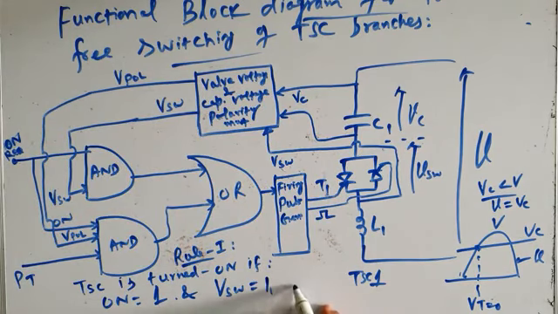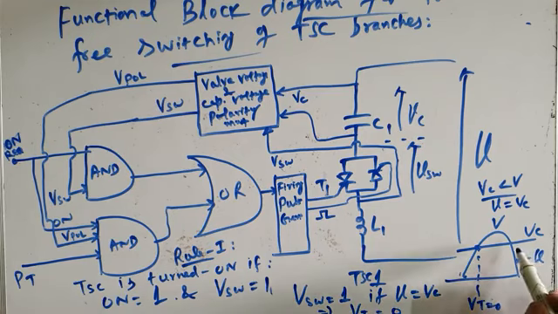When will VSW be equal to 1? VSW will be equal to 1 if instantaneous value of applied voltage is exactly equal to capacitor voltage. That means VT is equal to 0.